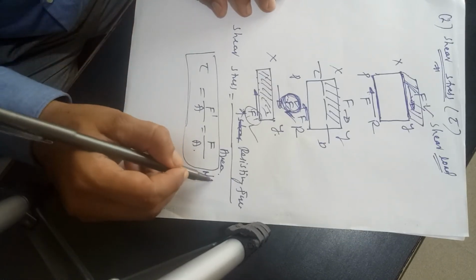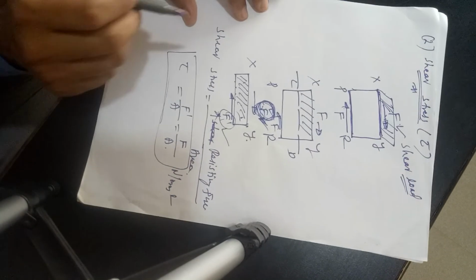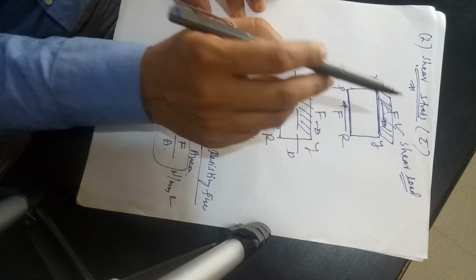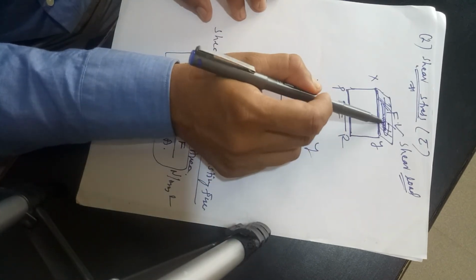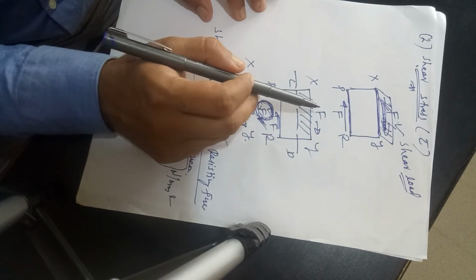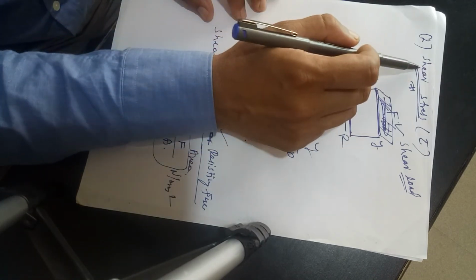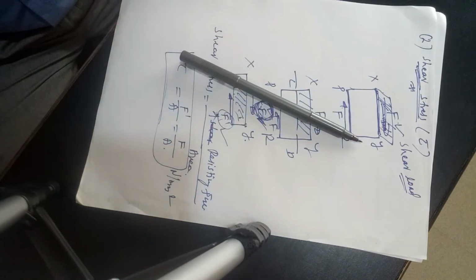The unit of this one is Newton per mm square. So what is the meaning of shear stress? The shear stress always acts parallel or along or tangential to the surface. Those kinds of stresses are called shear stresses.